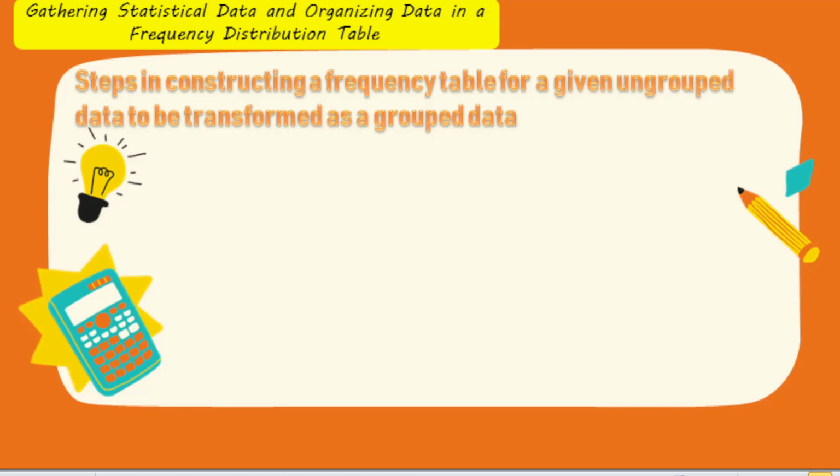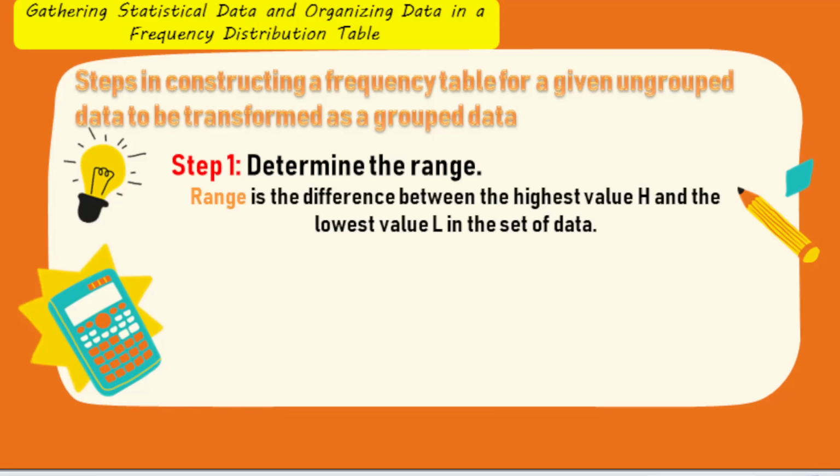Now, steps in constructing a frequency table for a given ungrouped data to be transformed as a grouped data. So, ano nga ba yun? Paano ba yun? Step 1, determine the range. When we say range, it is the difference between the highest value H and the lowest value L in the set of data.